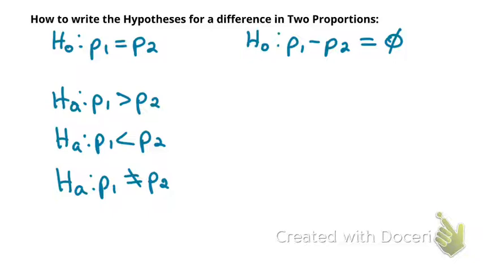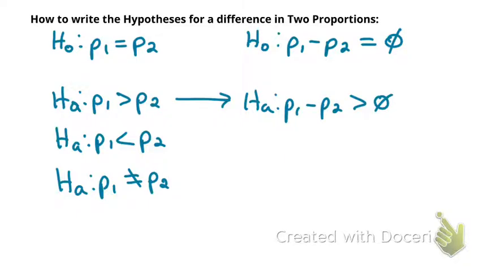But I can make them look like this as well with the 0. So what would this one look like as the alternative? P1 minus P2 is going to be greater than 0. Perfect. Absolutely. P1 minus P2 is greater than 0.